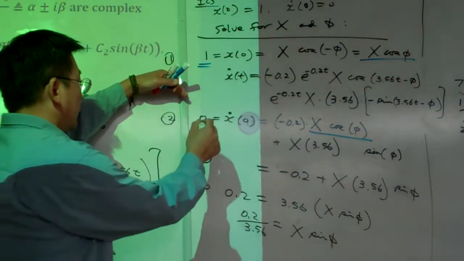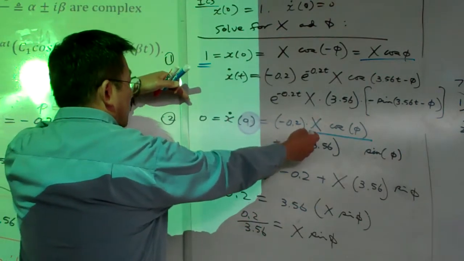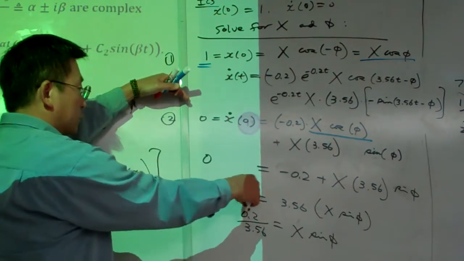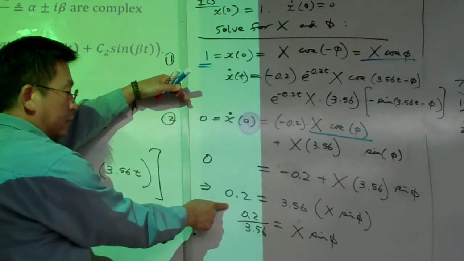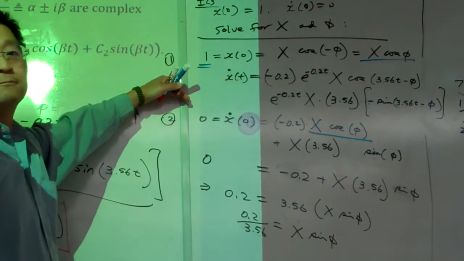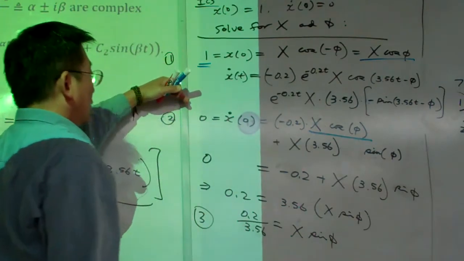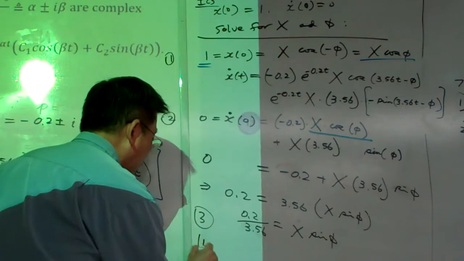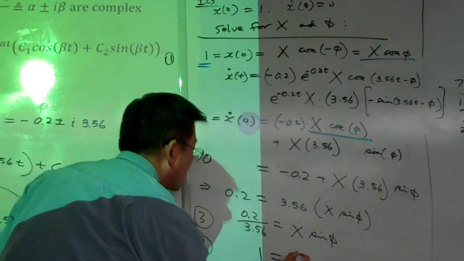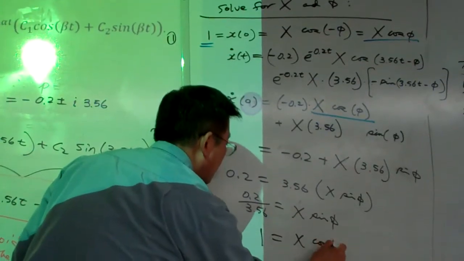Basically I moved this term to the left-hand side to have this one. You good? So to this step, let me call this equation 3. So with equation 1, let me rewrite equation 1 here: 1 equal to X cosine phi.